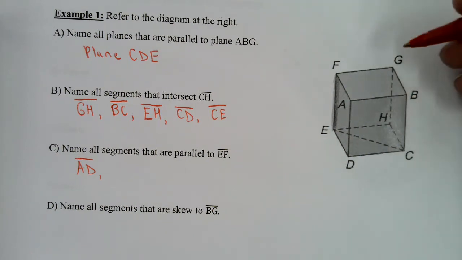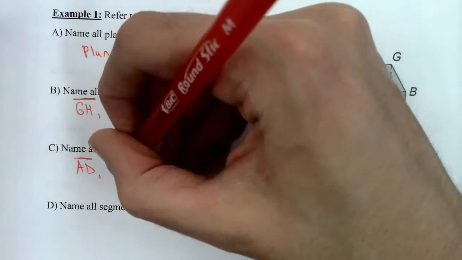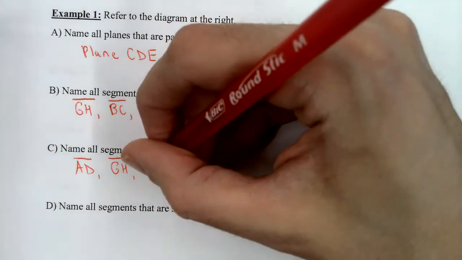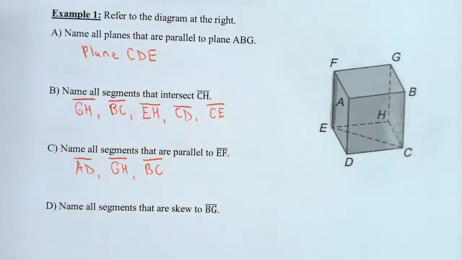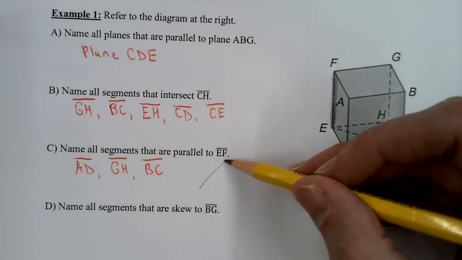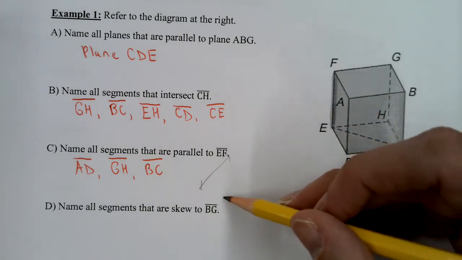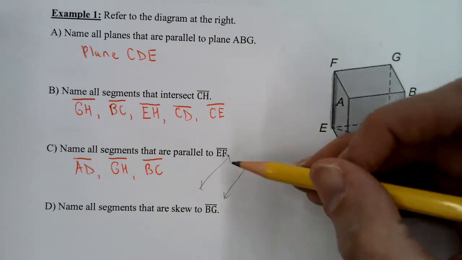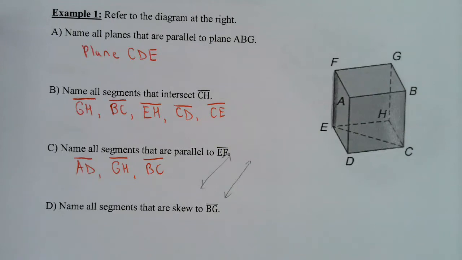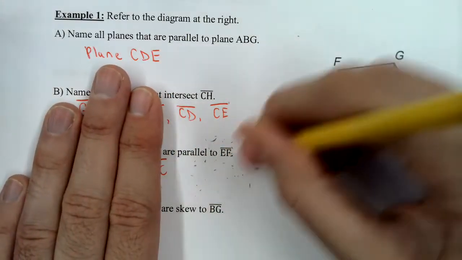GH is also parallel to it. And then we got BC. BC is parallel to it. Remember, parallel lines are like this: two lines that never intersect.